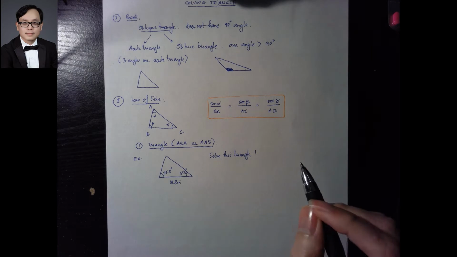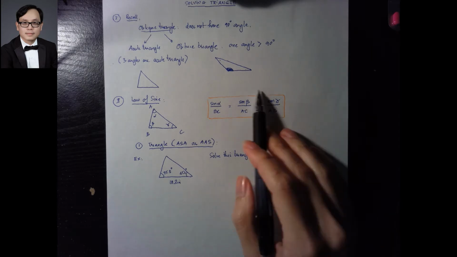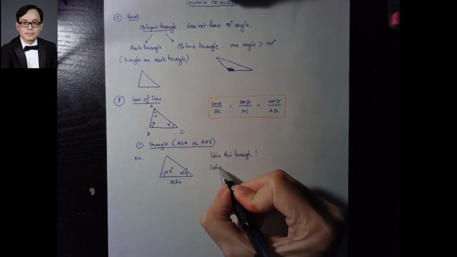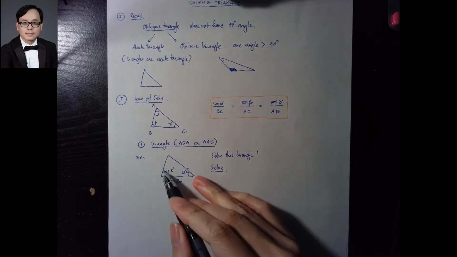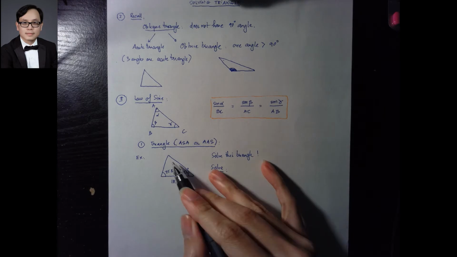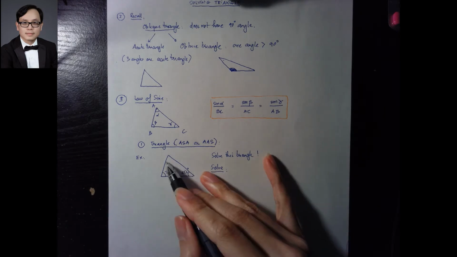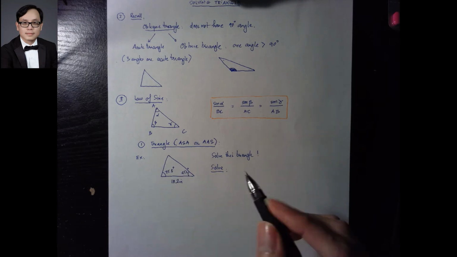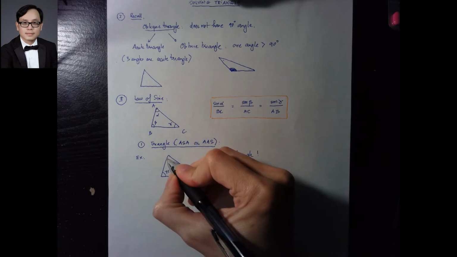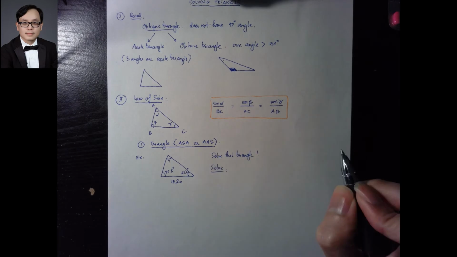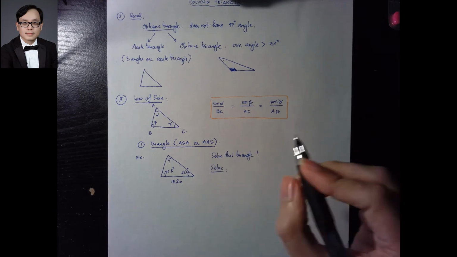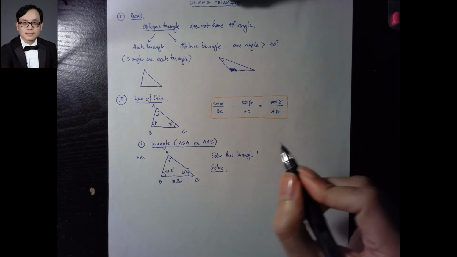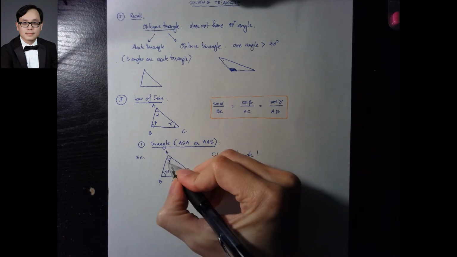But before applying the law of sine, we also know that in a triangle, the sum of all angles is 180 degrees. So I can find this angle easily. Let me call this triangle ABC. I can find angle alpha easily.